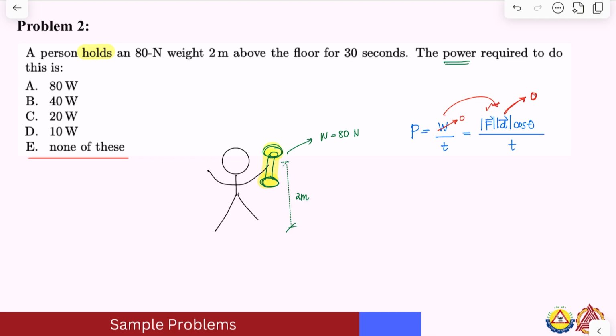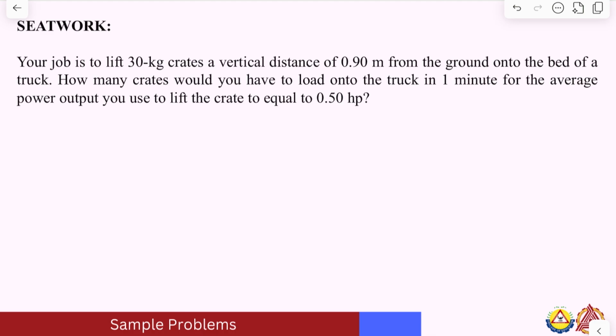Alright? So for the problem number 3, this is quite challenging. This is on your own now. Your job is to lift 30 kilogram crates, a vertical distance of 0.90. So that means to say, you have here some crate like that. The mass of this crate is 30 kilograms.